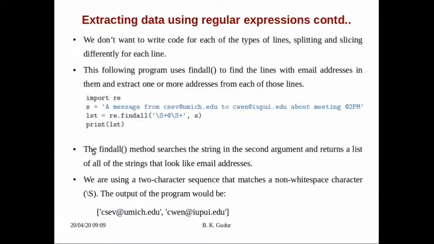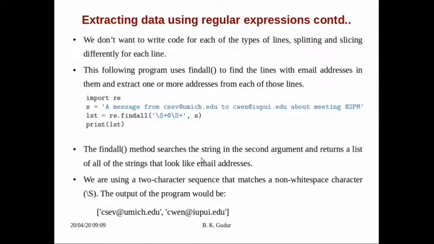The findall method searches the string in the second argument and returns a list of all the strings that look like email addresses. Here \S is a 2-character sequence that matches a non-white space character.